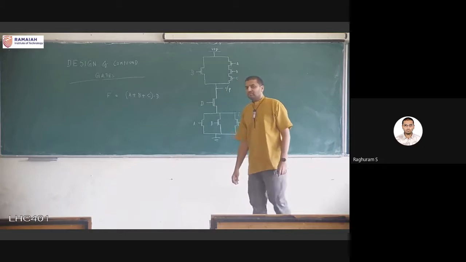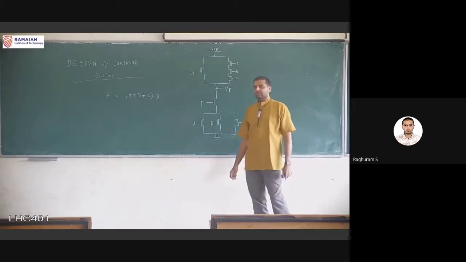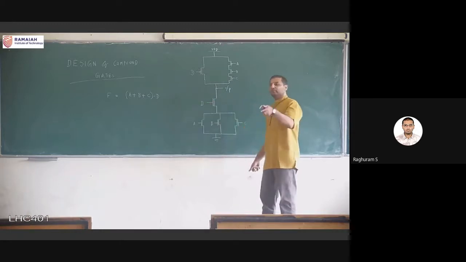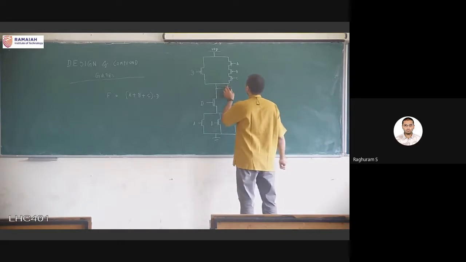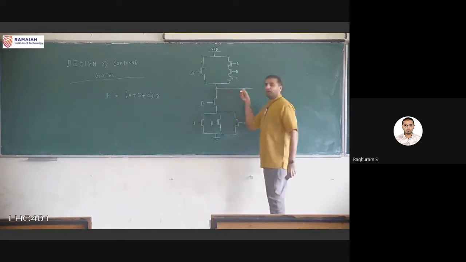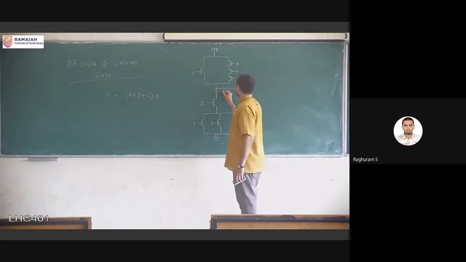We have not completed it. It is in non-inverted form. So whenever we have a function that is in non-inverted form, we have to add the inverter. Where to add the inverter? To the output. This is basically at this point A.